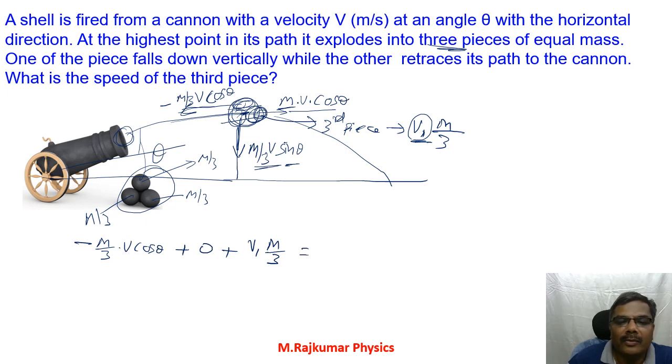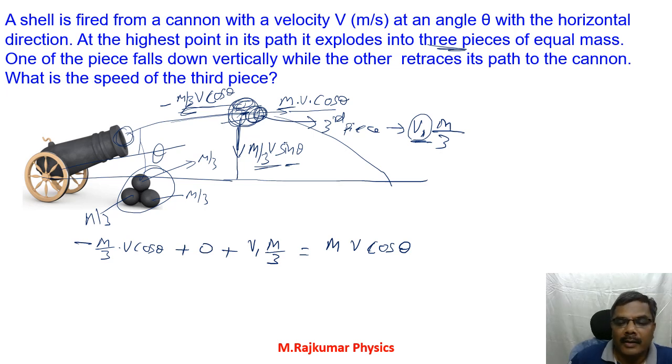That will be equal to the momentum of the shell at this point, mv cos theta. So minus m by 3 v cos theta plus 0 plus v1 m by 3 will be equal to mv cos theta.